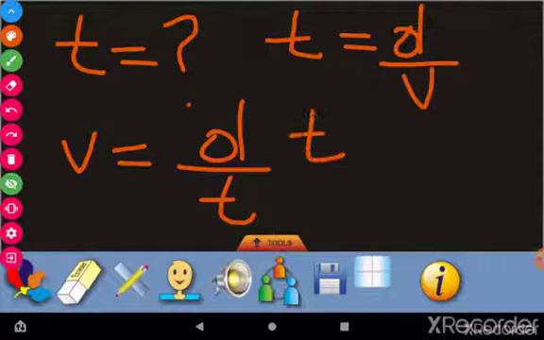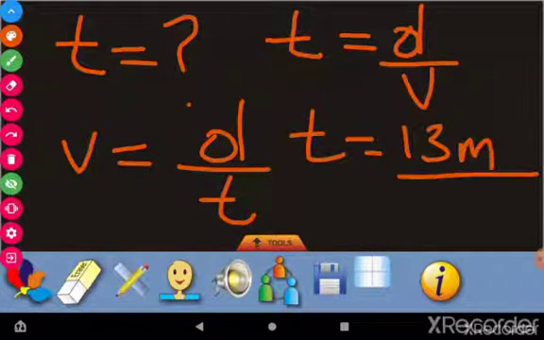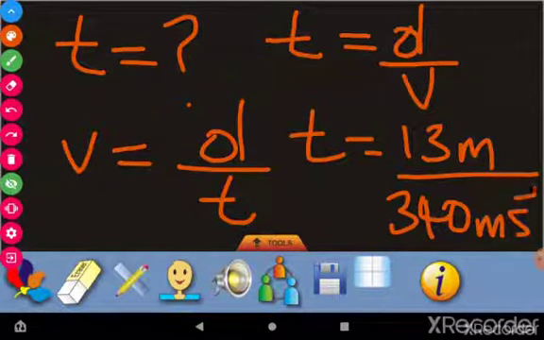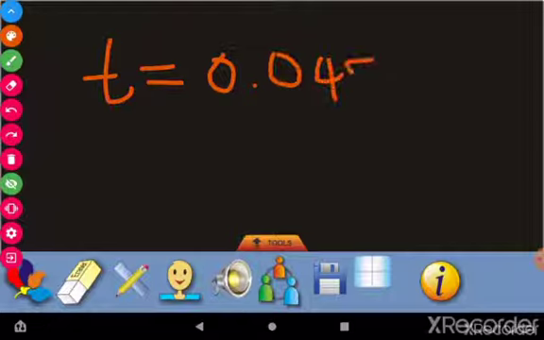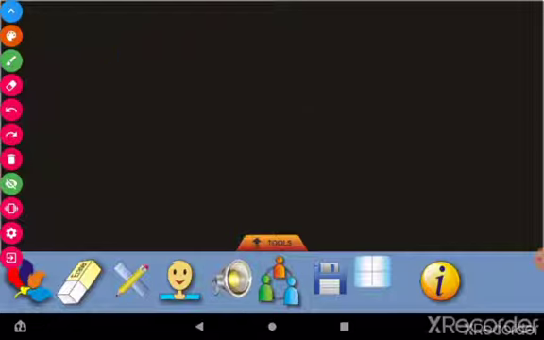The total distance traveled is 13 meters, and the speed is 340 meters per second. Let's quickly do that calculation and see what we get. So you should have gotten, and we're going to put this to 2 decimal places, that the total time would have been 0.04 seconds.